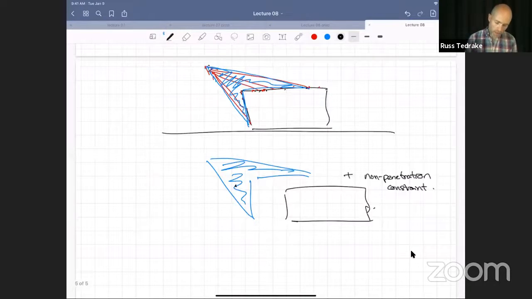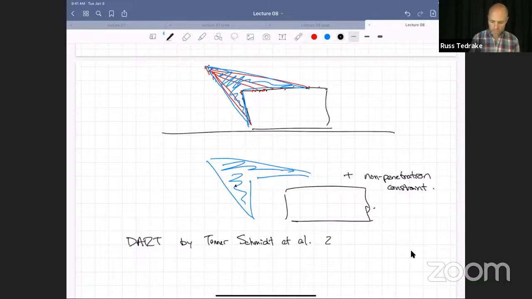I don't know if it was unique to this, but I saw that first in a paper called DART by Tanner Schmidt et al. The journal version was in 2015. Dynamic articulated rigid tracking. I guess the version I'm doing here isn't dynamic, isn't articulated, it isn't tracking, but still I found it in that paper and I liked it a lot.